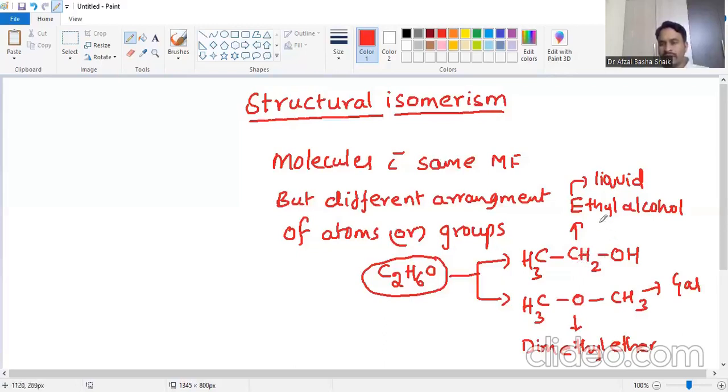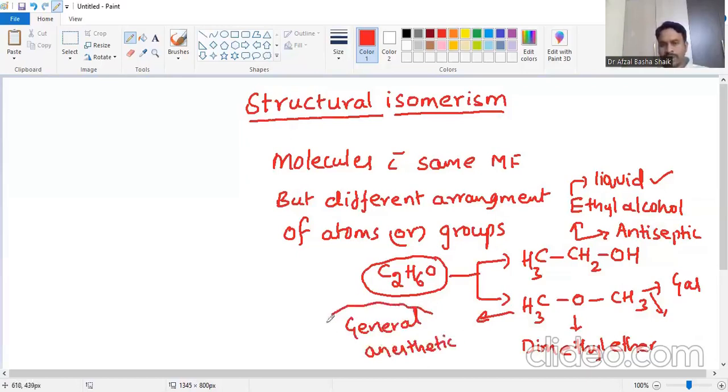Not only is ethyl alcohol a liquid, it also has antiseptic property. Whereas dimethyl ether is generally used as a general anesthetic.